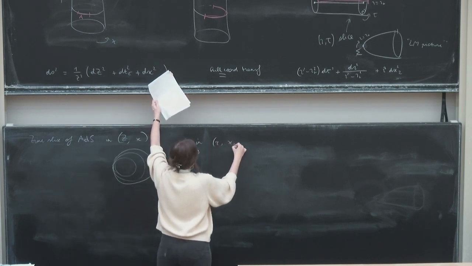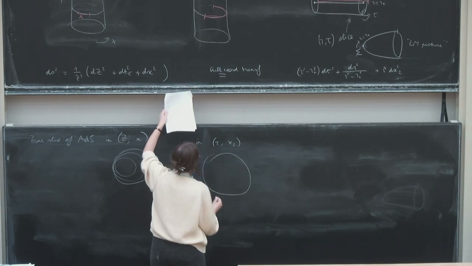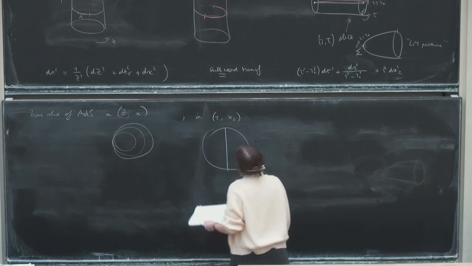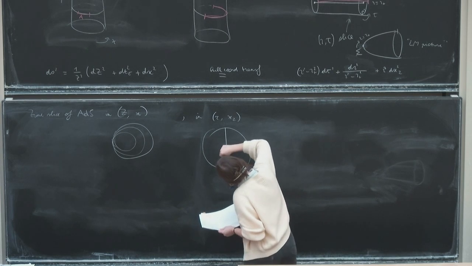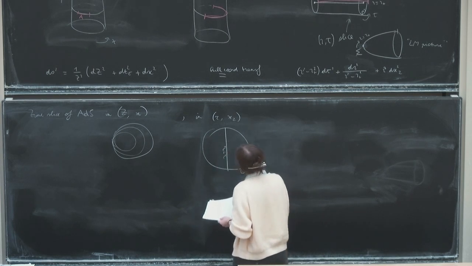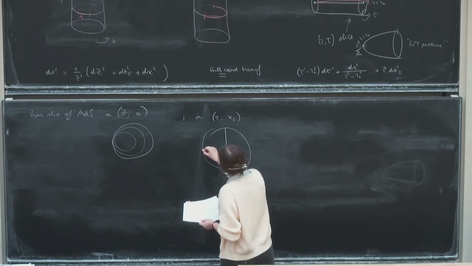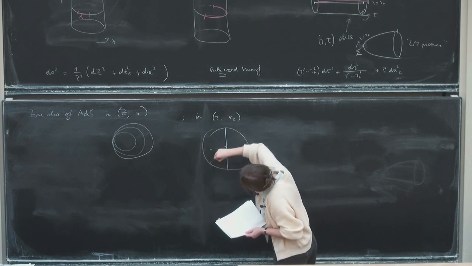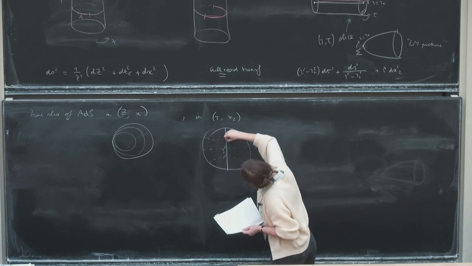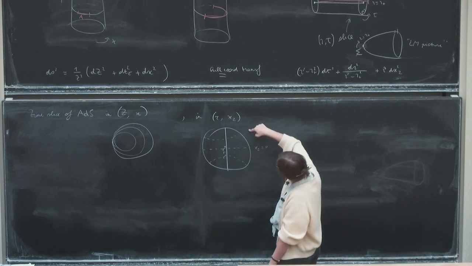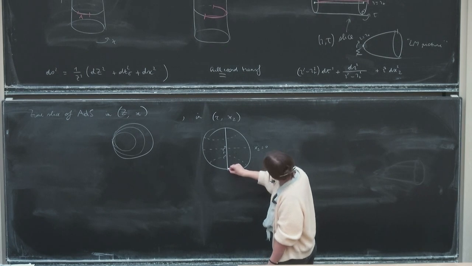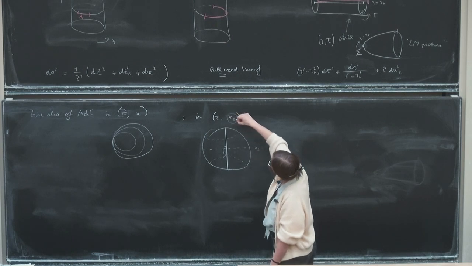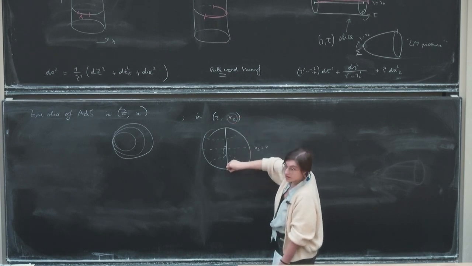And in R xz coordinates, a time slice looks like this, where this line is R plus. This line is xz equal to 0. This is xz equal to some constant and minus that constant. So here in this point would be xz is infinite, xz is minus infinite, so that the full range of xz only covers half of the whole thing.